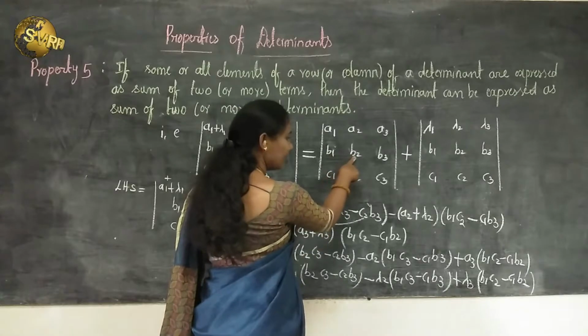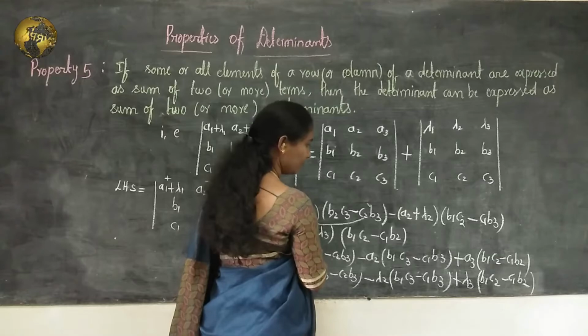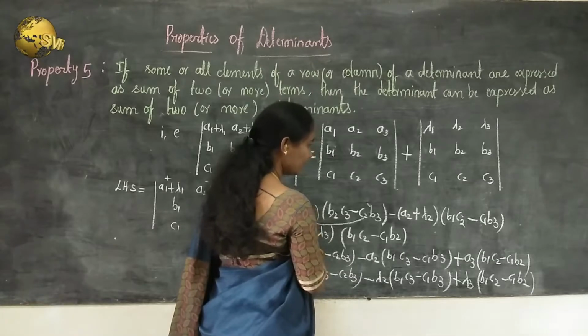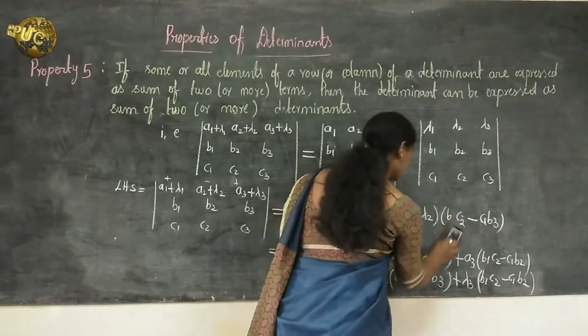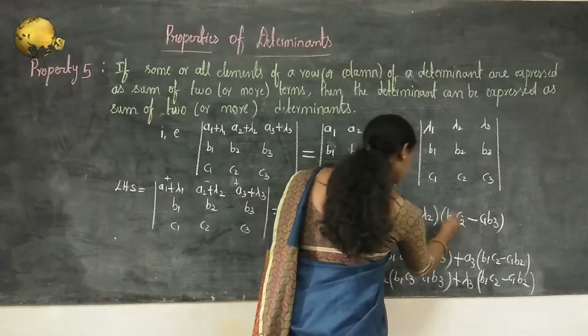B1 C2, C1 B2. Sorry, the second element, it is B3 C2. One minute, we'll check it.